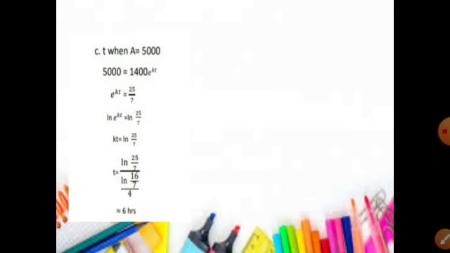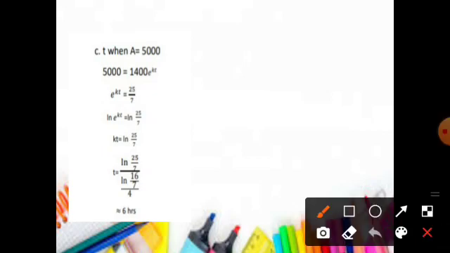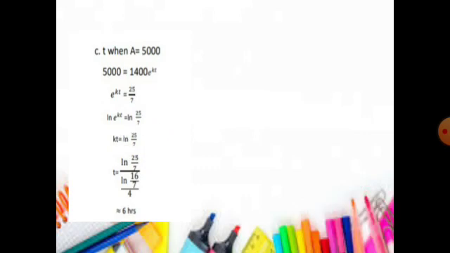So t is equal to ln of 25 over 7, divided by our k constant, which is ln of 16 over 7 divided by 4.